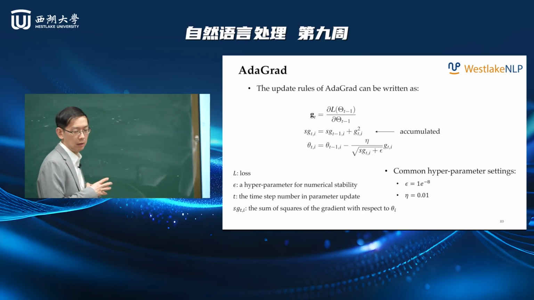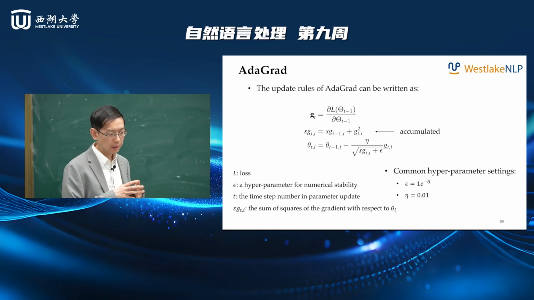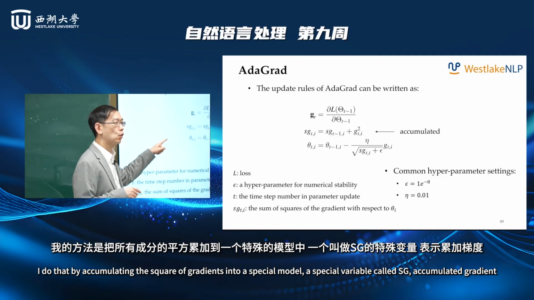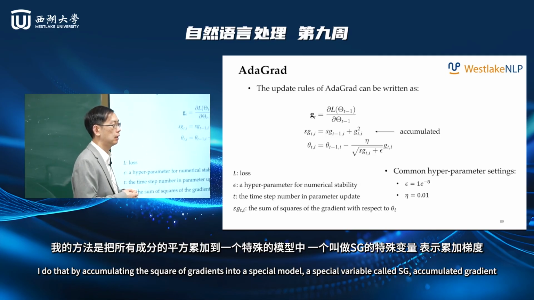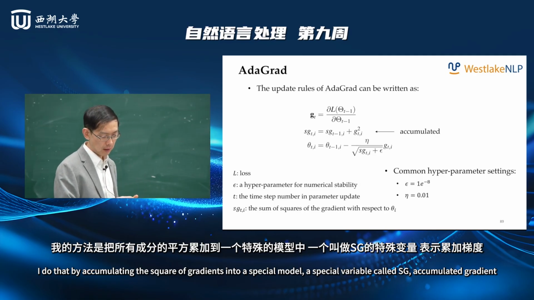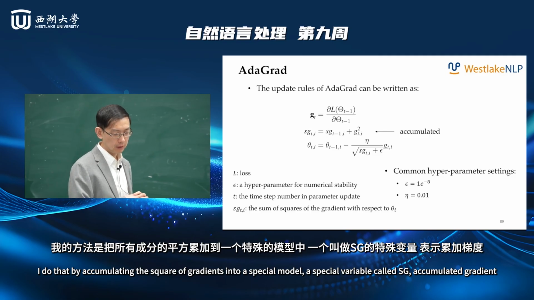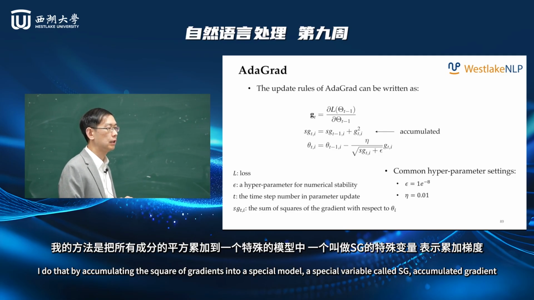And how do I control the learning rate? I do that by accumulating the square of gradients into a special variable called SG, accumulated gradient.